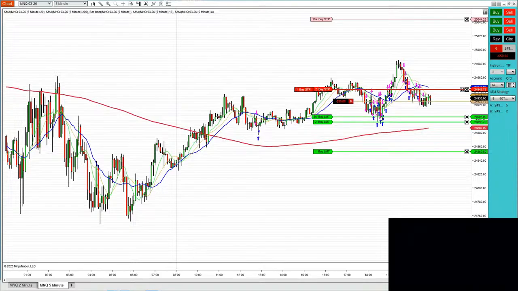Yeah, so let me just check my other charts. 15-minute looks like we might set up a trigger long, which would be that little one right there.